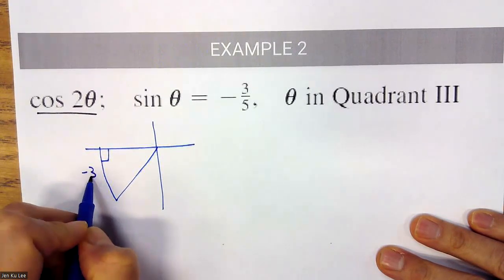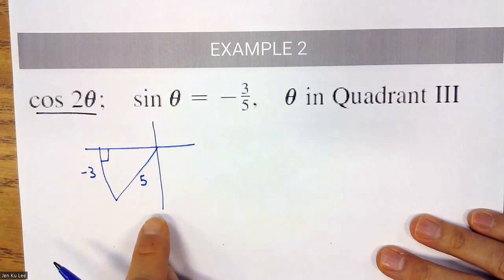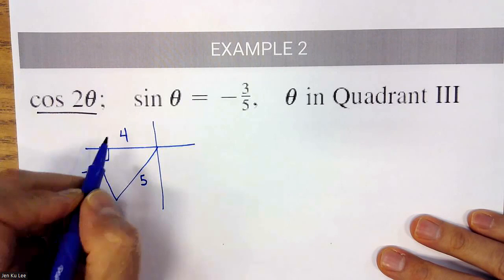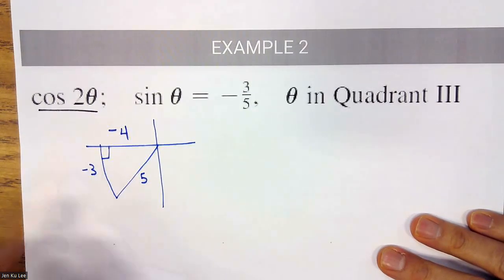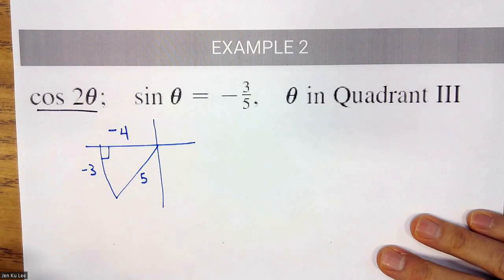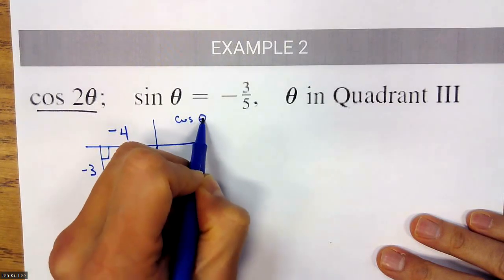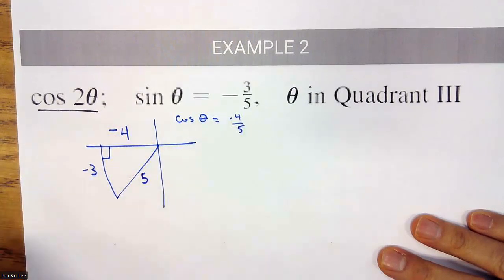So that's negative 3, that's 5. Using the Pythagorean theorem, that's 4. That's a negative because I'm in my negative x-axis. Questions on that? So sine is negative 3/5 and cosine of theta equals negative 4/5.